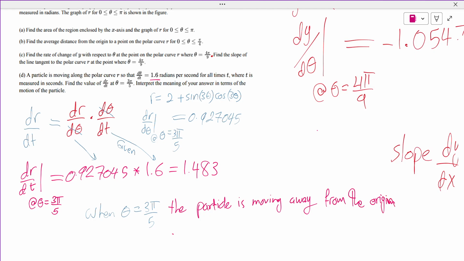If you look at the units, the unit of dr over dt is units per second.